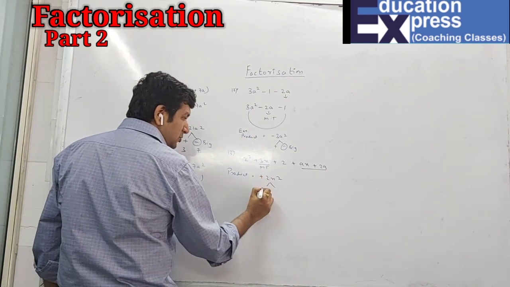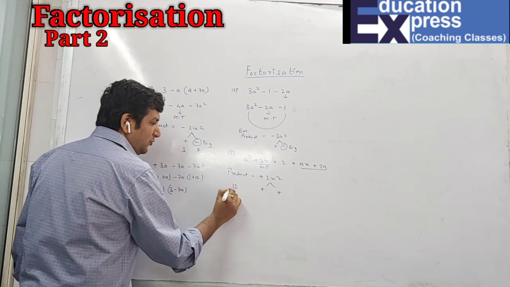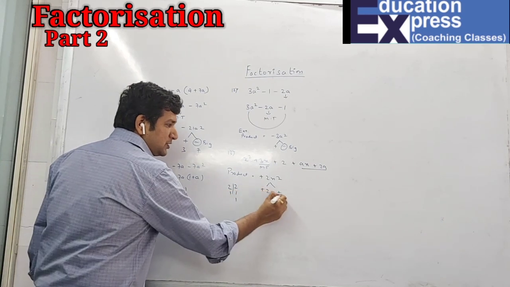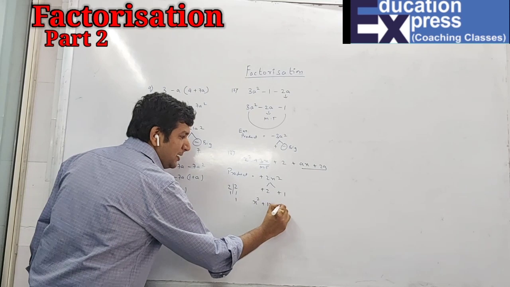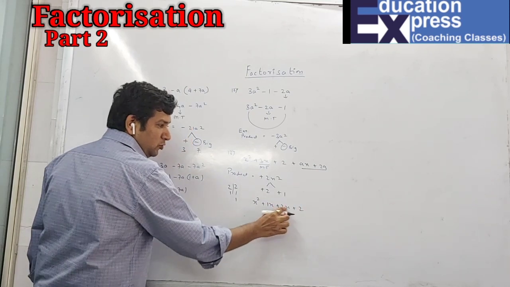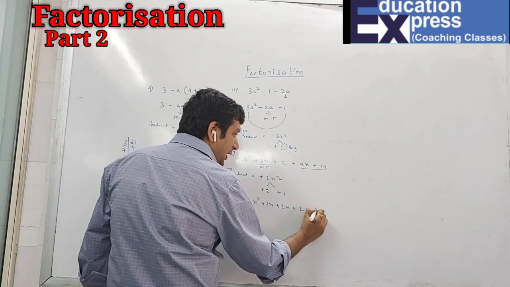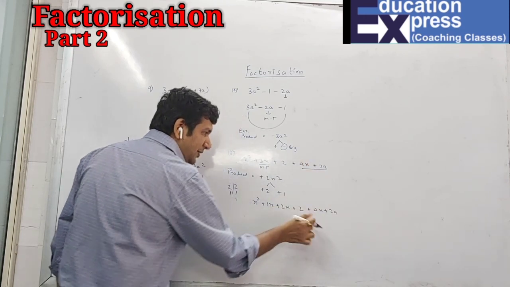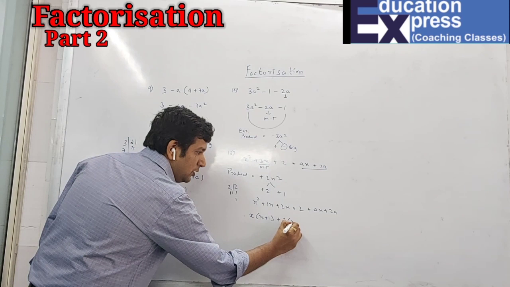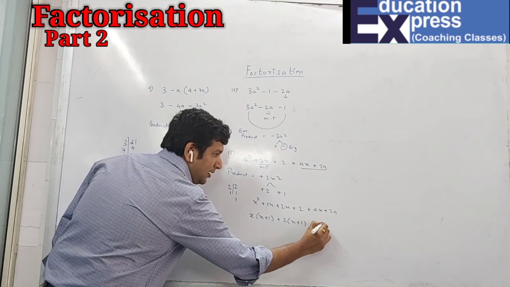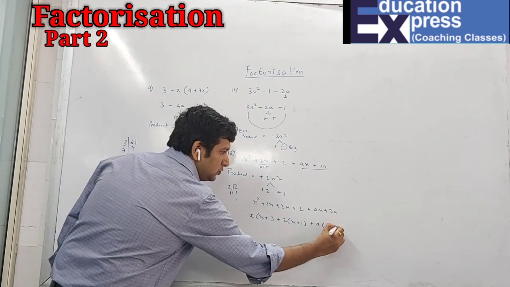The middle term is plus, no? So both will get plus. And the factors of 2 are 2 and 1 only. So plus 2 and plus 1. So I'll place it now. x square plus 1x plus 2x plus 2, 2 next to 2. And here ax plus 2a, same to same. Now what is common? x. x plus 1, 2. x plus 1. x plus 2.